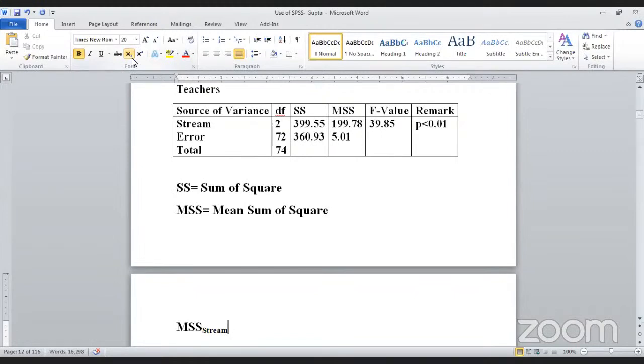Mean sum of square for stream is equal to SS for stream divided by the degree of freedom of stream.